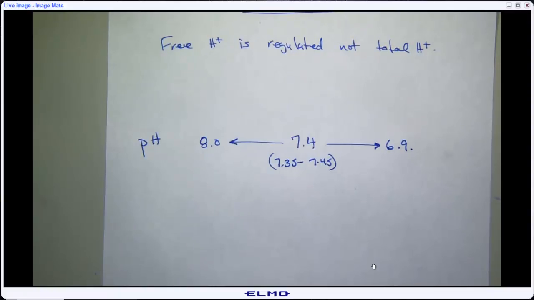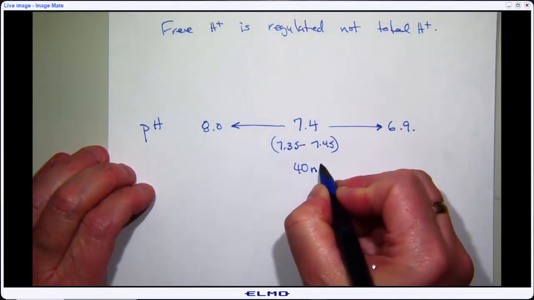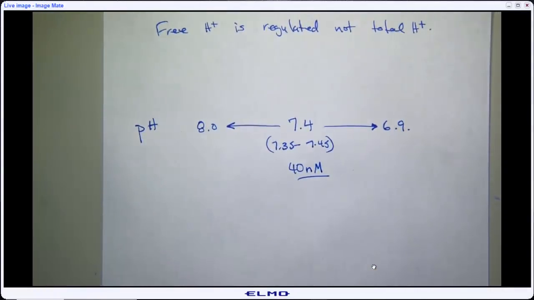And this gets particularly concerning if you look at what this means in terms of hydrogen ion concentration. So we're trying to regulate ourselves around 40 nanomolar. Okay, 10 to the minus 9 is the concentration we need to regulate ourselves around.